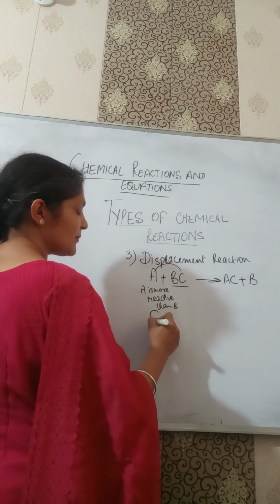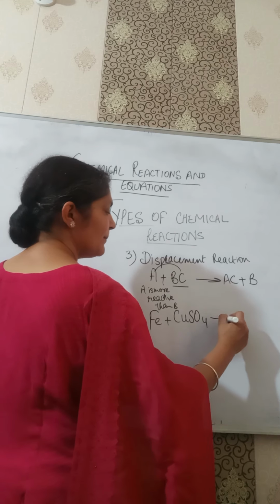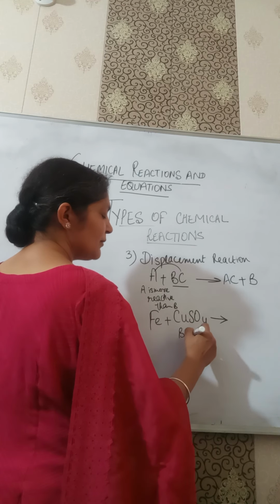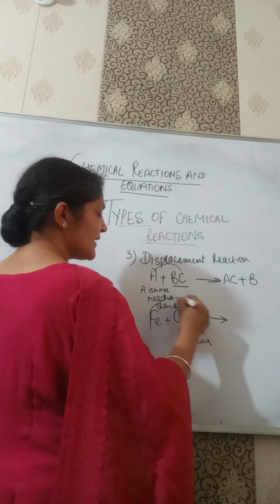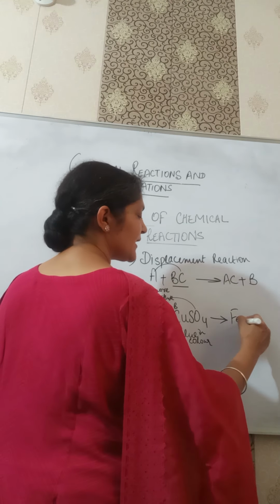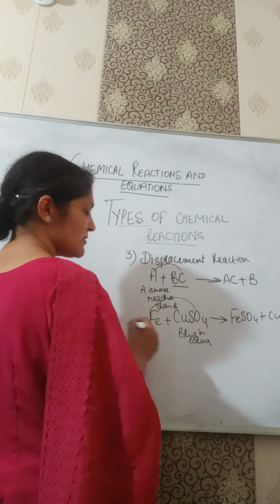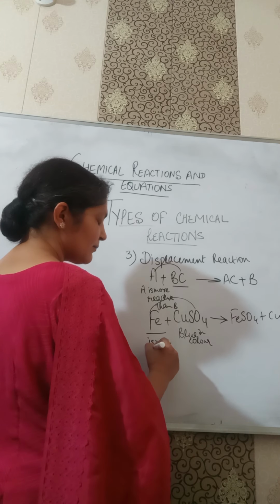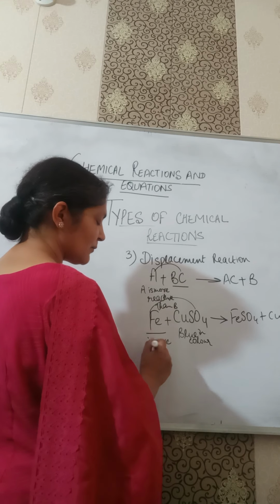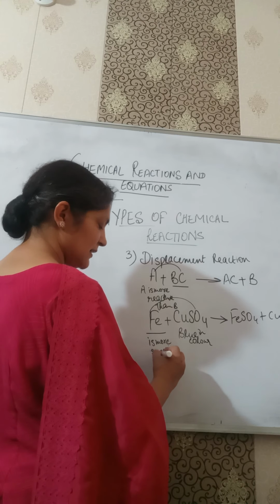We take the example of iron. If we put iron in a solution of copper sulfate, which is blue in color, we will see iron will combine with sulfate and it will displace copper, because iron is more reactive than copper. We have seen this concept in our reactivity series.